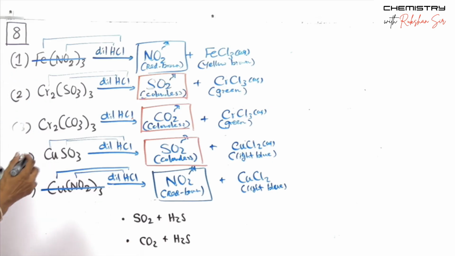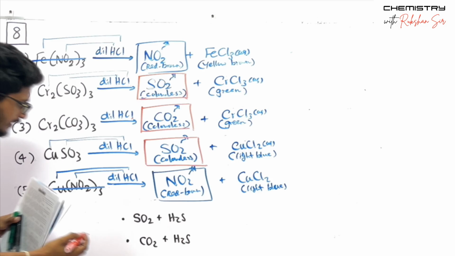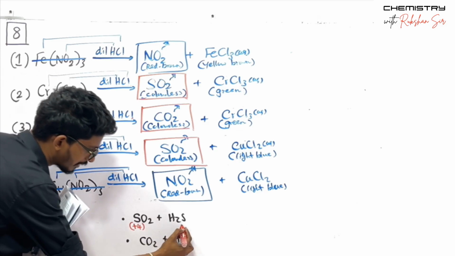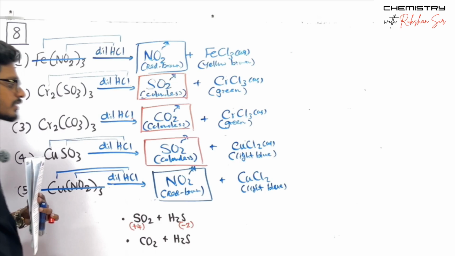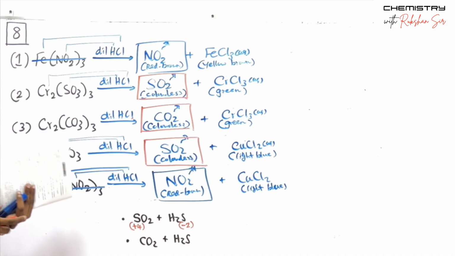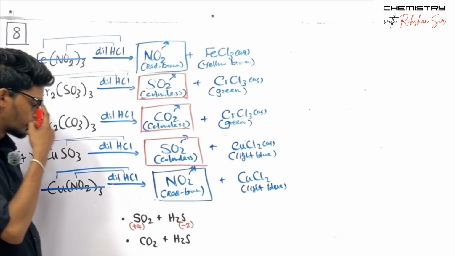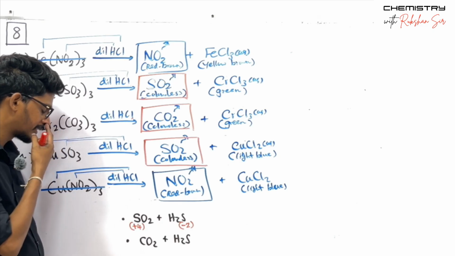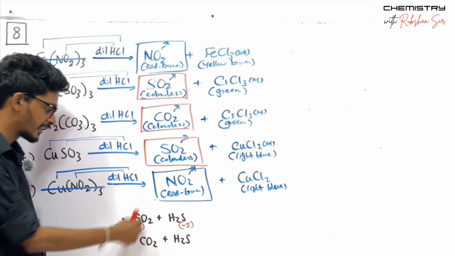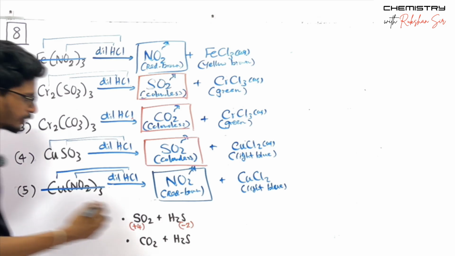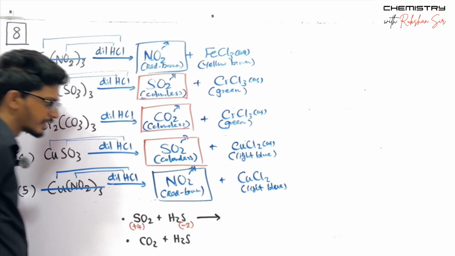SO2 with H2S comes up with a special reaction. This is a new thing to you. This sulfur comes with the plus 4 oxidation state. This sulfur comes with the minus 2 oxidation state. If two compounds come with two different oxidation states of the same element, then one will oxidize and the other will reduce to a common oxidation state in between.